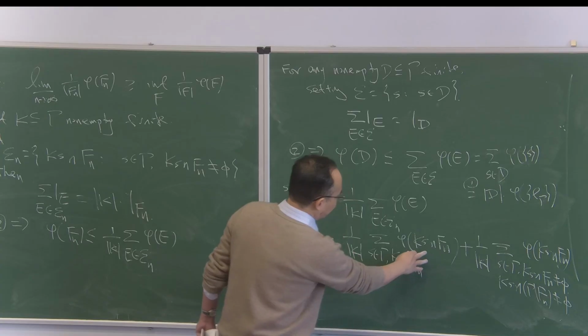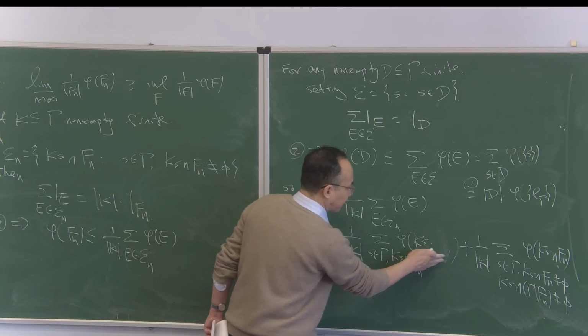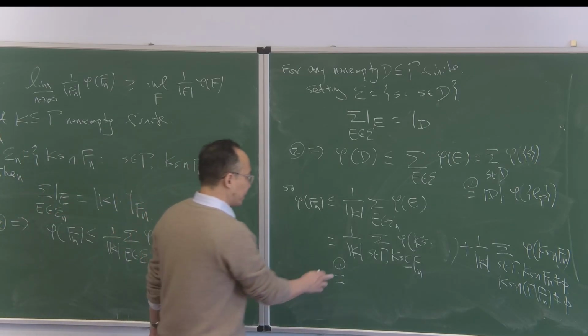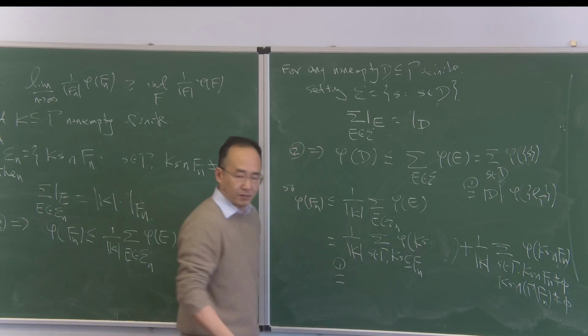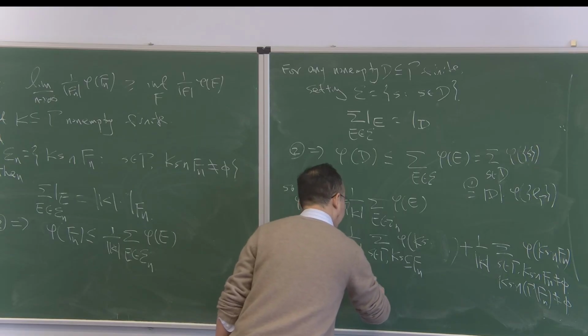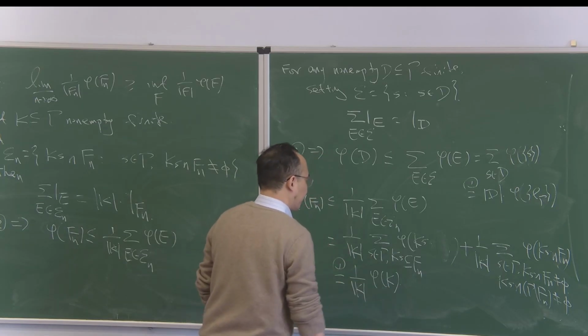Now for this one, because it's completely contained in F1, there's no need to take the intersection. That's simply Ks. And by the first condition, one can remove S because it's right invariant. So here what we get is K times the number of S here.